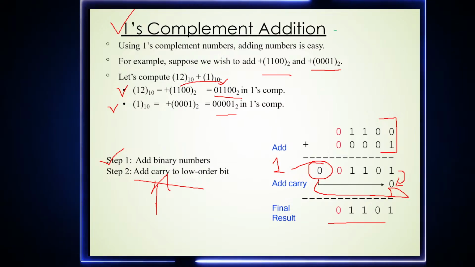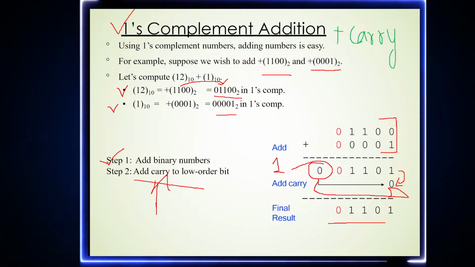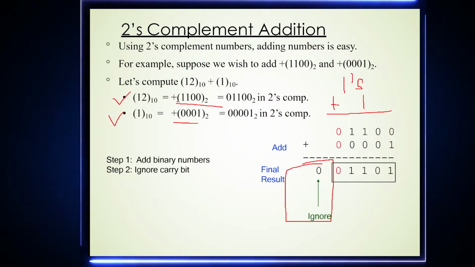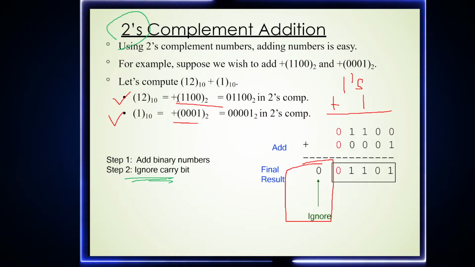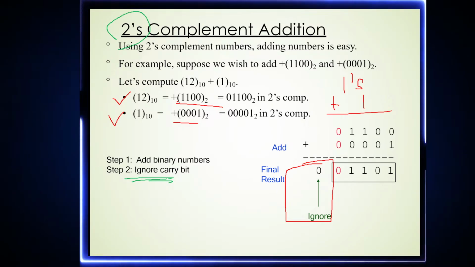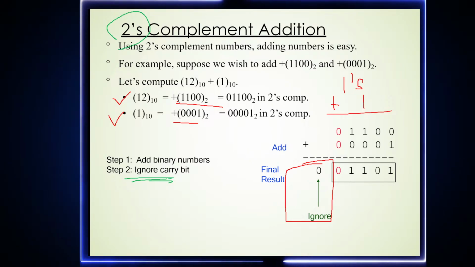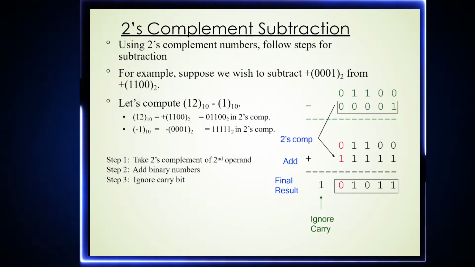Remember, in 1's complement you will add the carry bit. Very important. And in case of 2's complement, you will ignore the carry bit. Okay, very important. Especially while solving such questions, because when you give the exams, you're already under pressure. You might make such a silly mistake by ignoring this step.